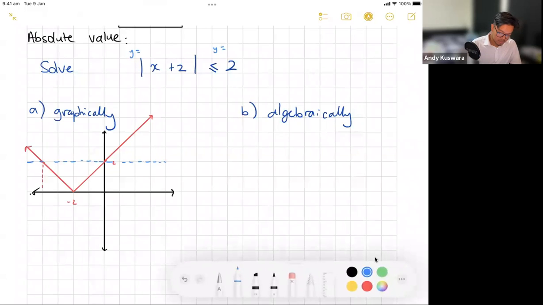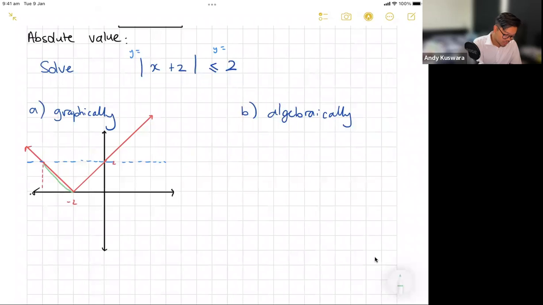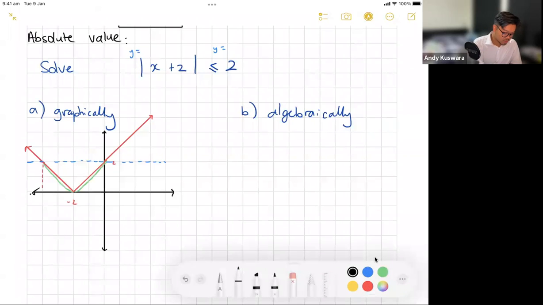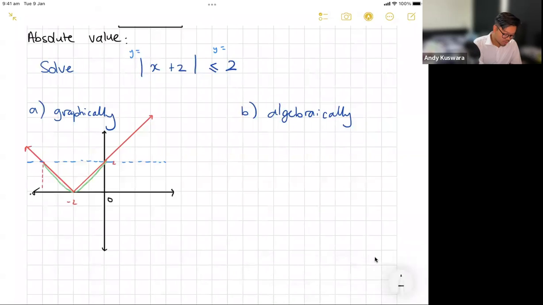I can see that that's only less in this section here, that little green section, because anything to the right or to the left of that green section, the graph is greater than 2, not less than. So I can see that this value here is 0, and this value here should be -4.